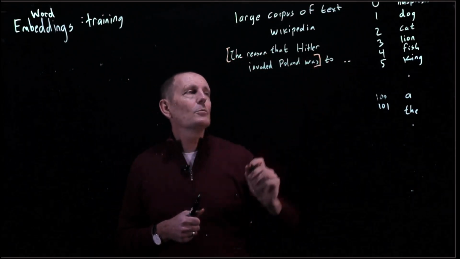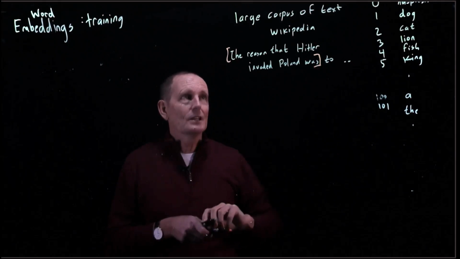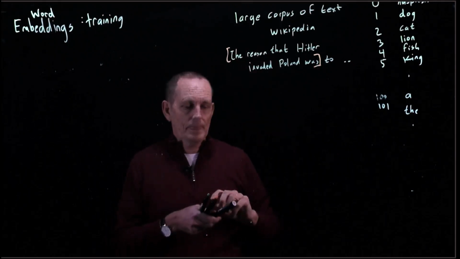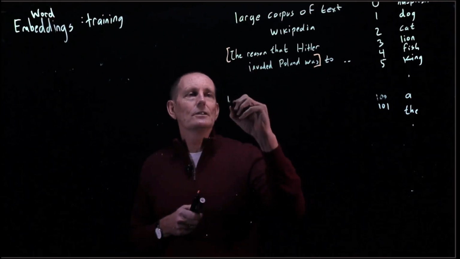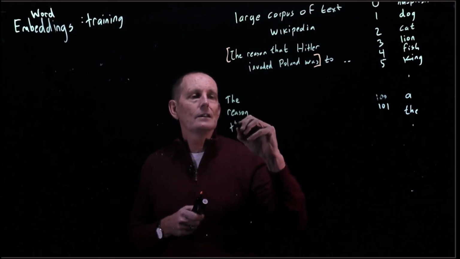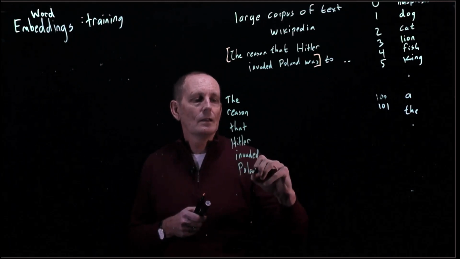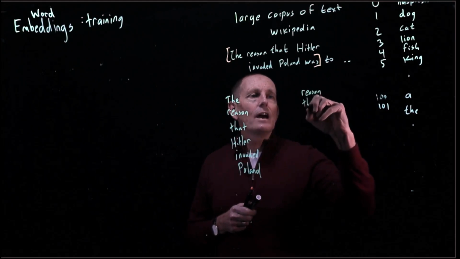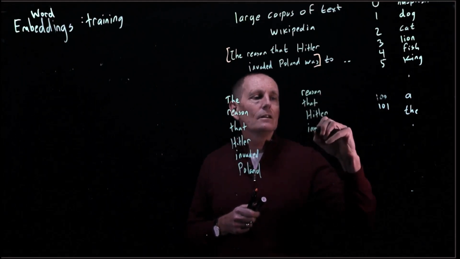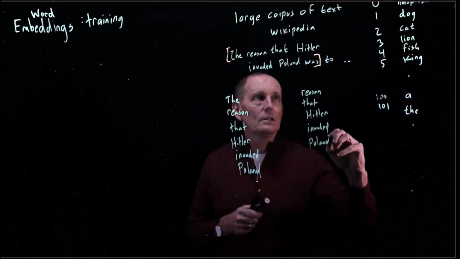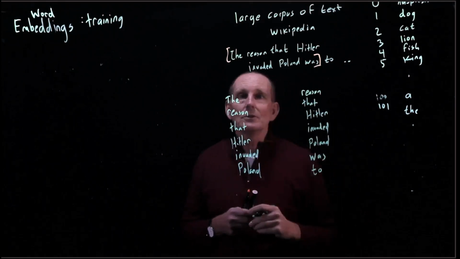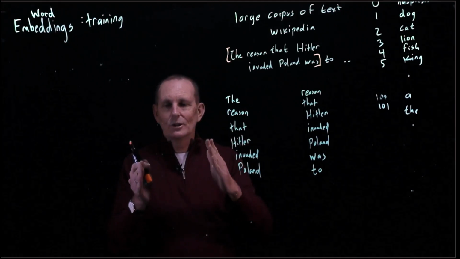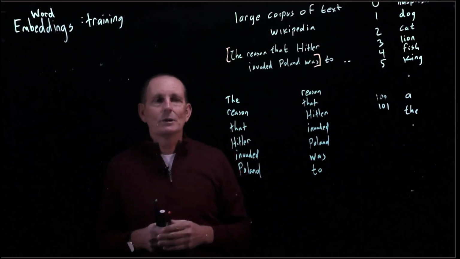The reason that Hitler invaded Poland was, and then we're going to take another chunk. The reason that Hitler invaded Poland, and then the next one is going to be reason that Hitler invaded Poland was to, and we just keep going. So for every article, we'll just break it apart into overlapping sets of 7 words.